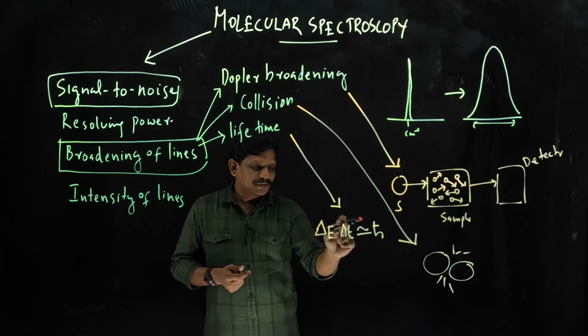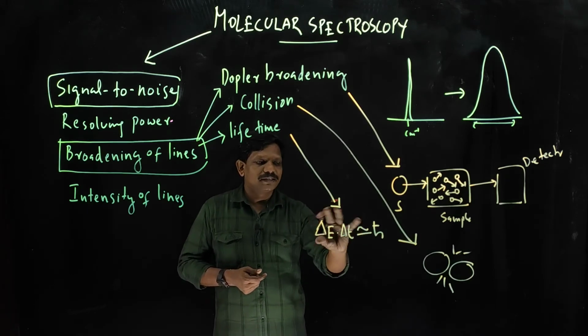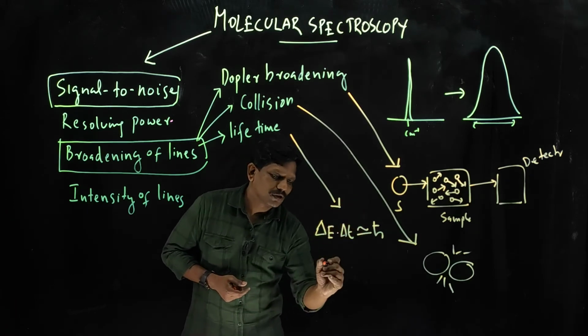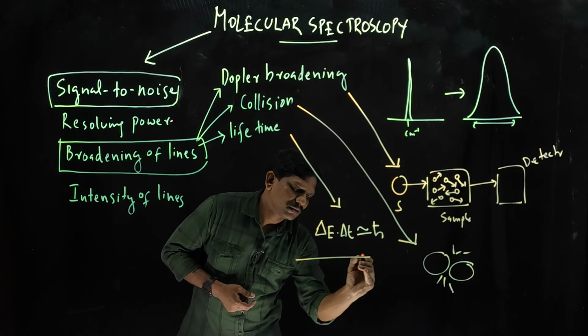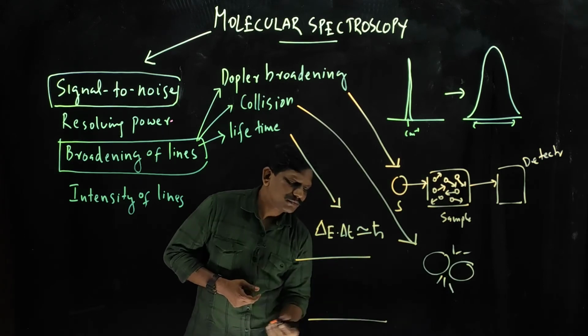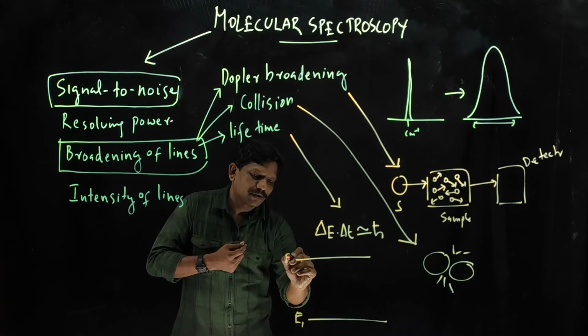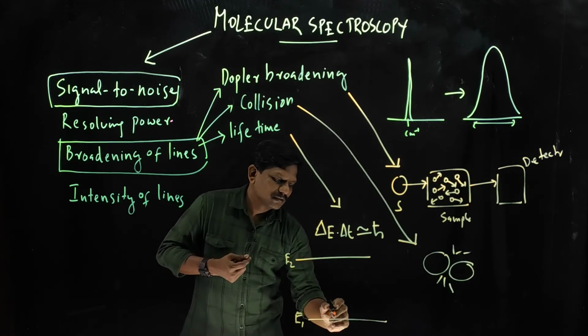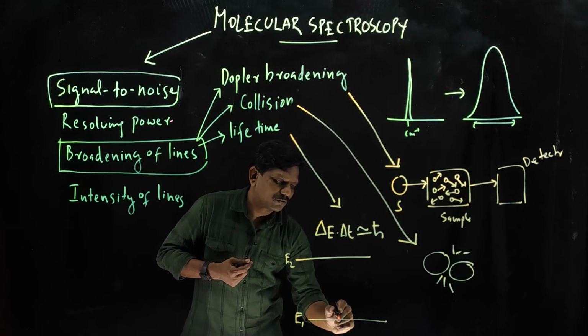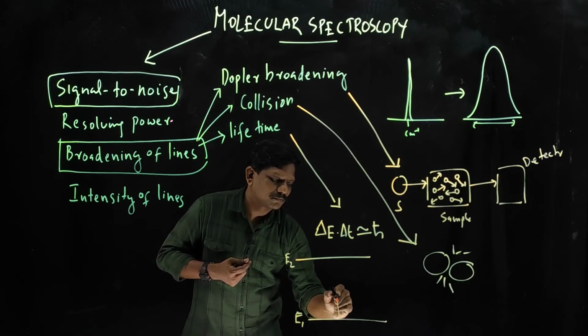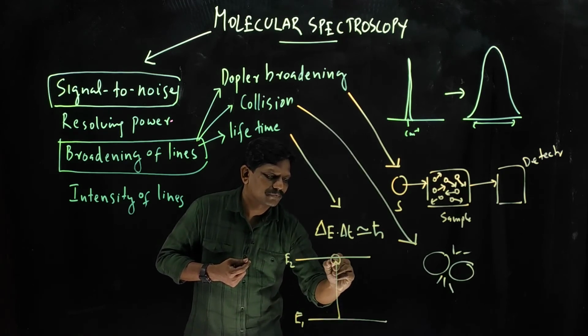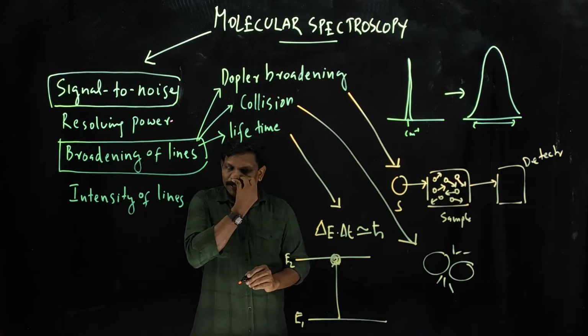So that is the energy time problem. So how is this energy time problem coming? Suppose you have the E1 here and your E2 here. I told you that when light is absorbed, the molecule will go to the higher energy level.